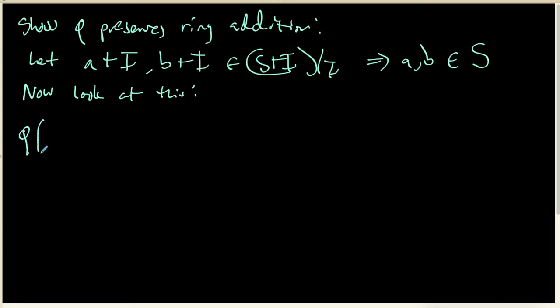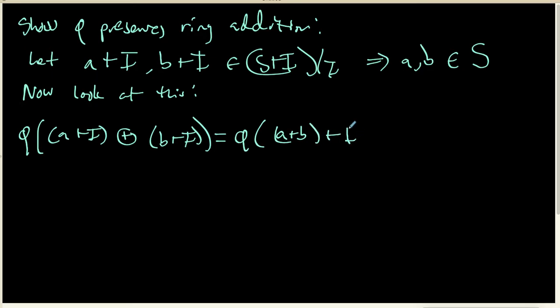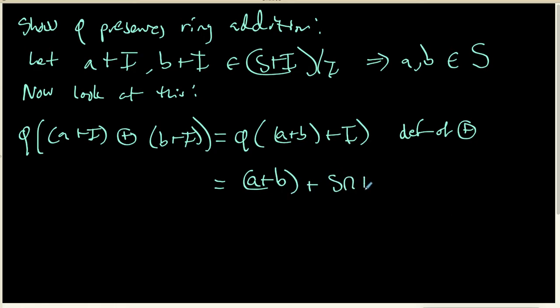If I look at phi of A plus I plus B plus I, I know by coset addition that that's going to be phi of A plus B plus I. And that's by the definition of coset addition. But I know the definition of phi says that this is going to be A plus B plus the ideal S intersect I over in the ring S mod S intersect I. And so this is by the definition of phi.